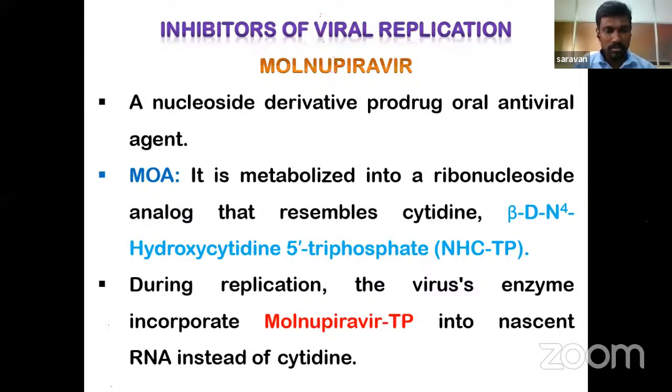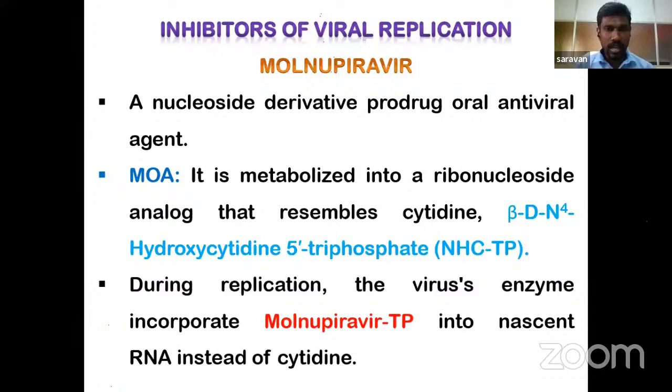The main important feature of molnupiravir triphosphate is that molnupiravir can swap between two forms, which are called tautomers. One of which will mimic cytidine, the other one will mimic uridine. So molnupiravir can get inserted into the viral RNA in two places.